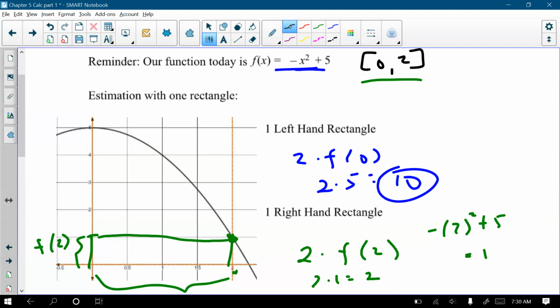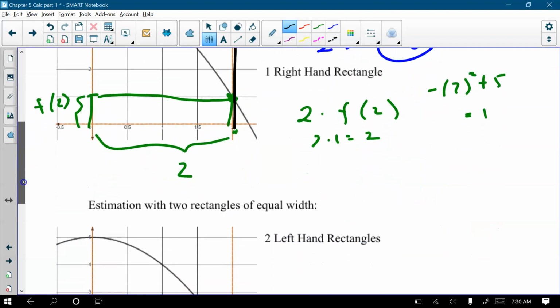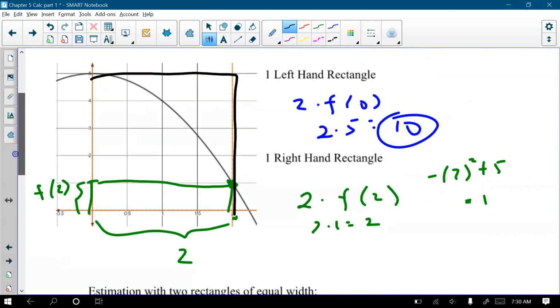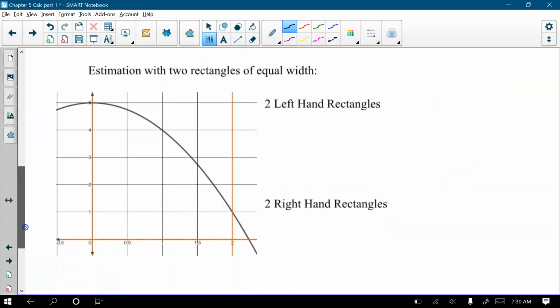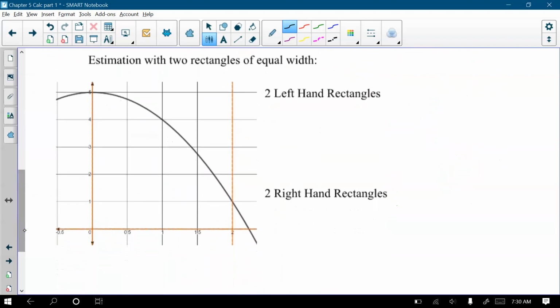Now, neither of these rectangles is going to give me the exact area between the curve and the x-axis. One over approximates by a long shot, one under approximates by a long shot. So let's see what happens if we have two rectangles. Again, the way we draw our rectangles, we want equal width. We're still in the interval from 0 to 2, so I take 2 minus 0.